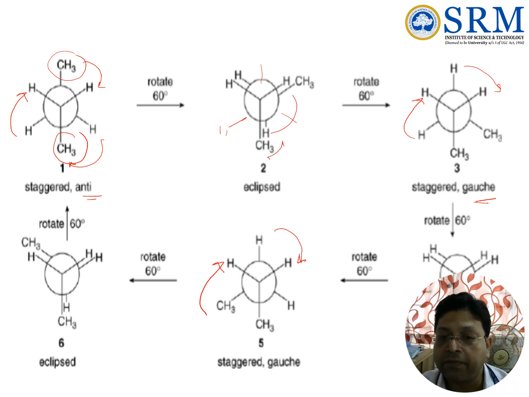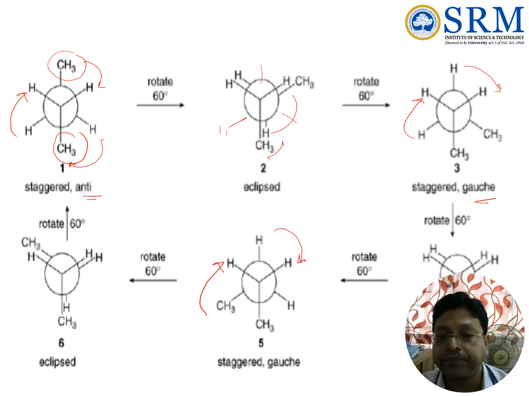Between the staggered conformations, the staggered anti is more stable compared to the gauche because of the farthest position of the methyl groups. And among the eclipse conformations, the one where methyl and methyl are very close is the most destabilized. These other eclipses are a little bit stabilized.